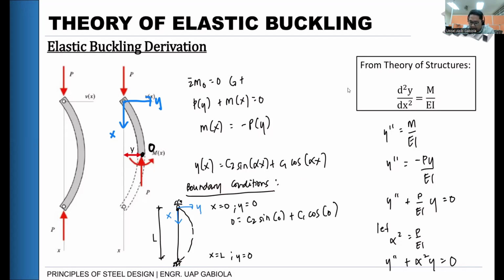And then when we simplify, this will be 0 na, and then this will be 1. So, C1 is equals to 0. Okay? Yan yung unang equation natin. And then, next, kapag ito naman kasunod ang sinubstitute natin dito sa equation natin, so, we have 0 is equals to C2 sine of alpha L.